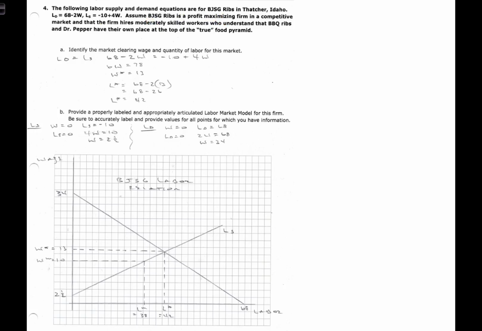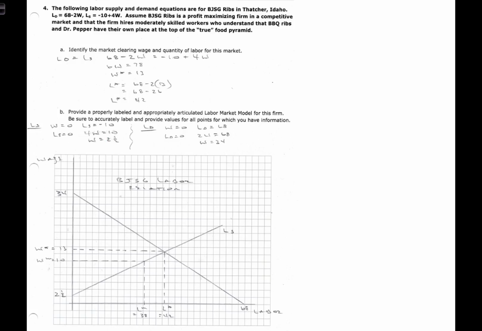Profit maximizing firm, competitive market, moderately skilled workers, barbecued ribs, and Dr Pepper atop the true food pyramid. Well, the same labor demand, labor supply equaling the same W star of 13 and the same L star of 42. And I ask you to give me the labor supply and demand relationship. Give me the market model. It's the exact same model with the exact same intercepts.